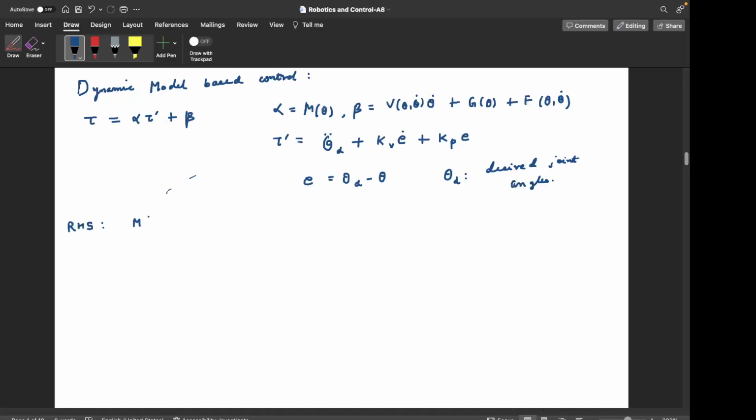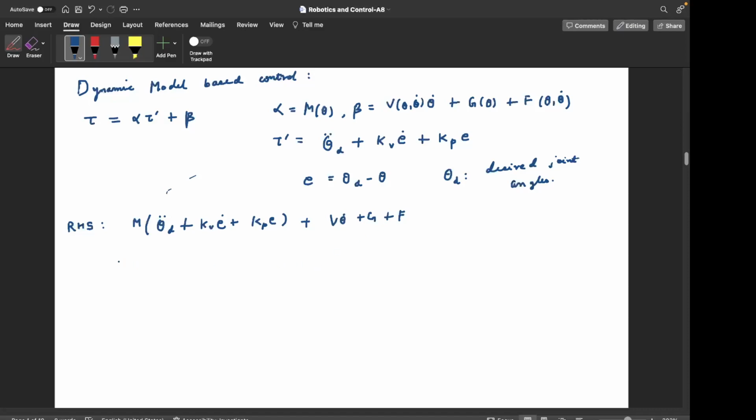So M times tau dash, which is theta double dot d plus Kv e dot plus Kp e, plus beta. Beta is V theta dot plus G plus F, right?